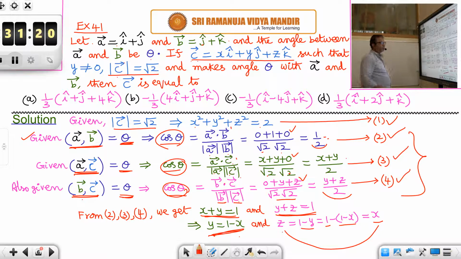And these values we will substitute in the first equation. x square plus y square plus z square is equal to 2, that is the first equation. So y is equal to 1 minus x and z is equal to x. We are going to substitute there and find the value of x.